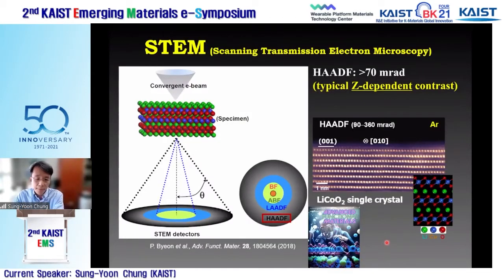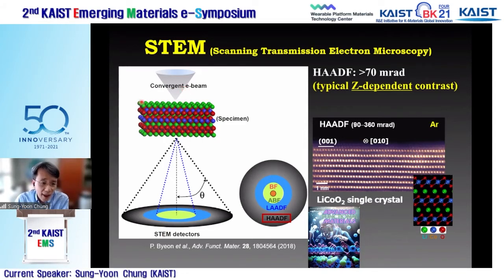STEM is a little different from conventional TEM. In conventional TEM, we use a parallel electron beam. But in the scanning transmission electron microscope, instead of a parallel beam, we use a convergent, Ångström-level, very small, tiny electron beam.